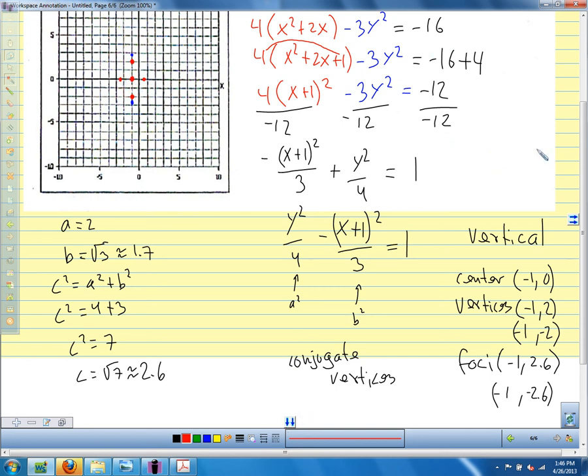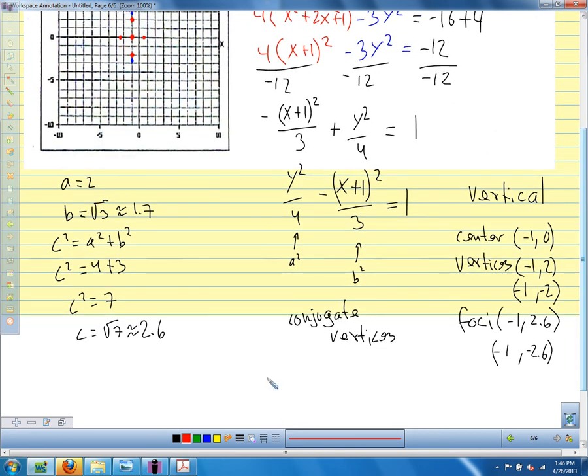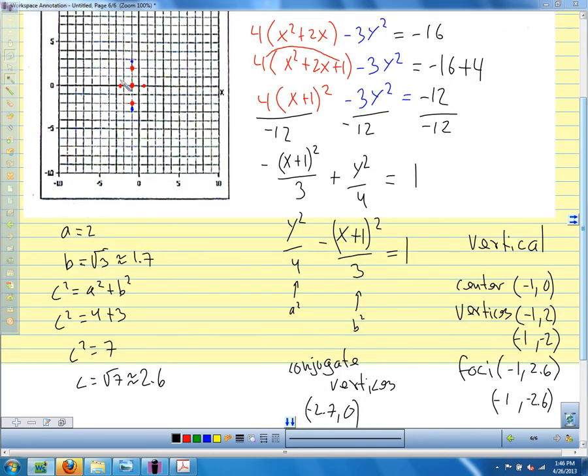So my conjugate vertices, I'm moving left and right from my center. So I'm going to be at -2.7, 0, and if I go 1.7 here, I'm going to be at 0.7, 0. So there's my vertices, conjugate vertices.